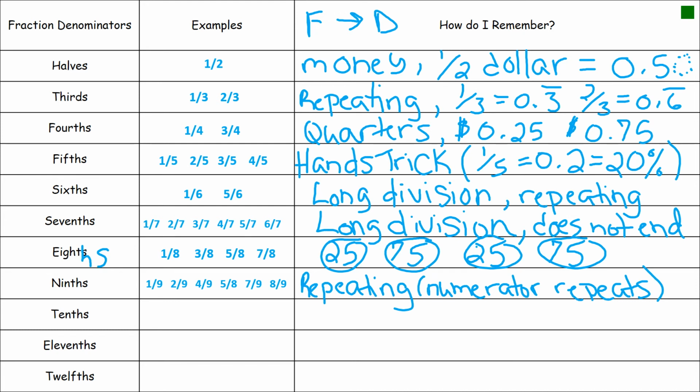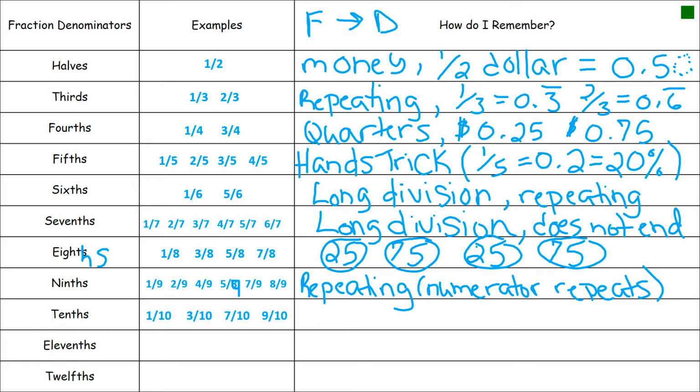So for example, 4/9 is 0.444444 repeating. 5/9, this should be a 9. 5/9 would be 0.555555555 repeating. So whatever the numerator is for the fraction when you're dealing with ninths, that numerator is the repeating decimal. So it's actually pretty easy. You don't have to do long division.